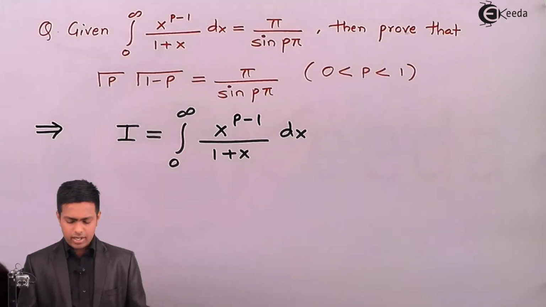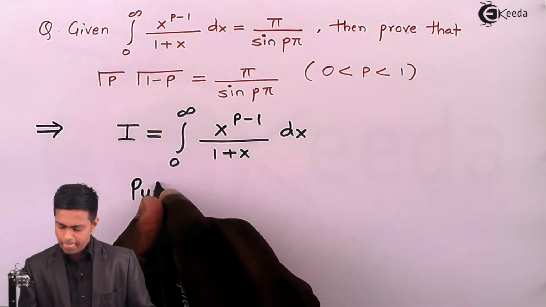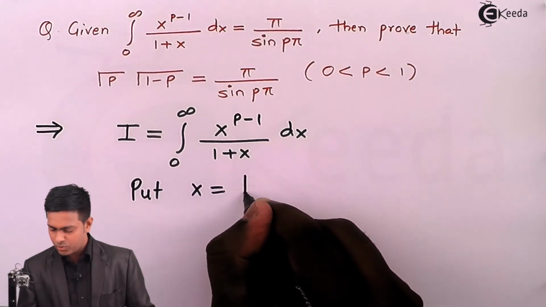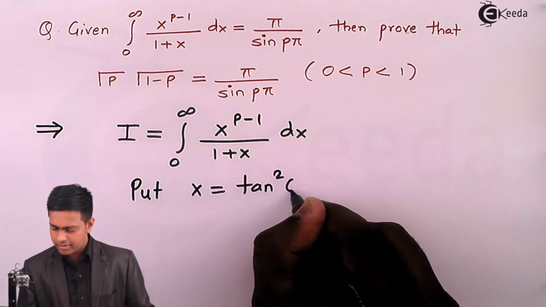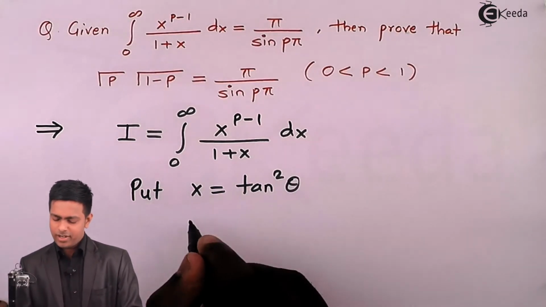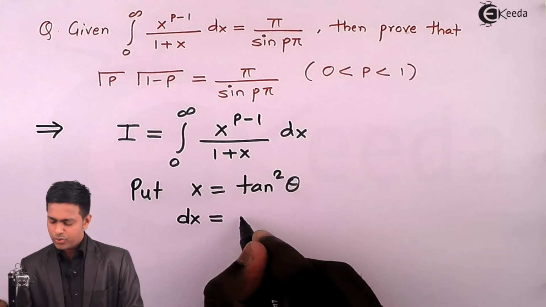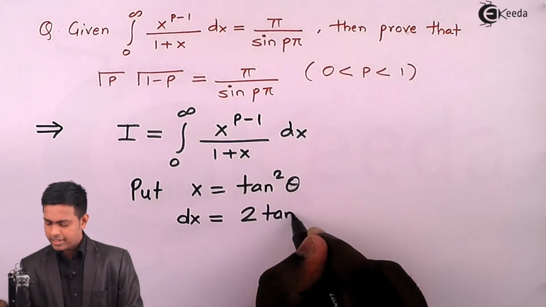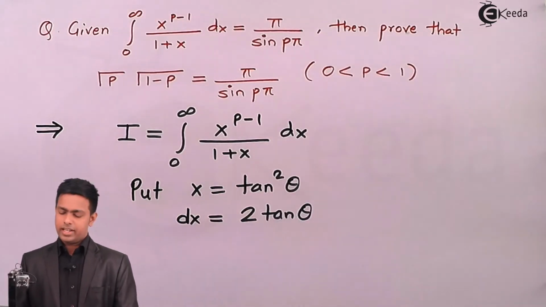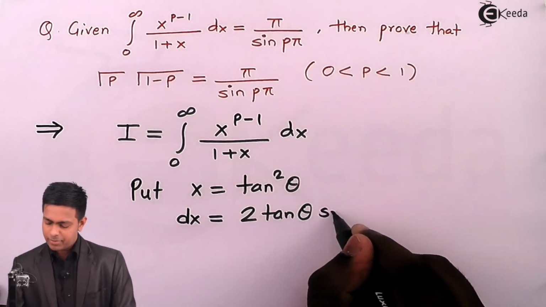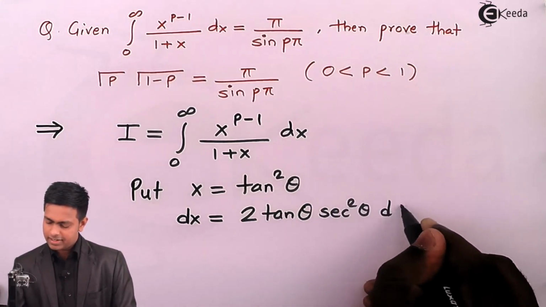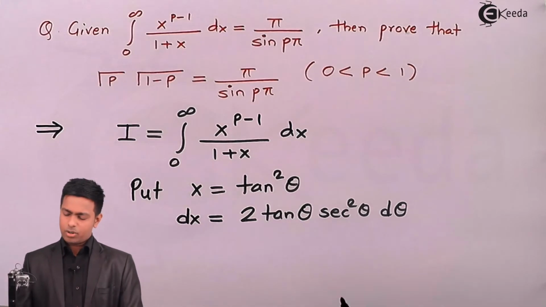So let's start. Put x equal to tan square theta. This will give us dx equal to 2 tan theta into the derivative of tan theta, which is nothing but sec square theta d theta. Now let's talk about the limits.